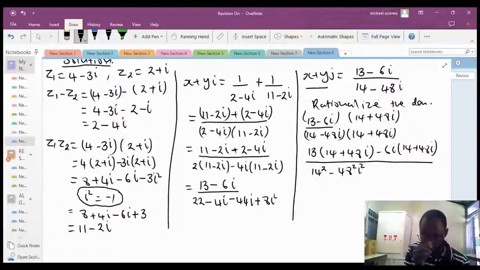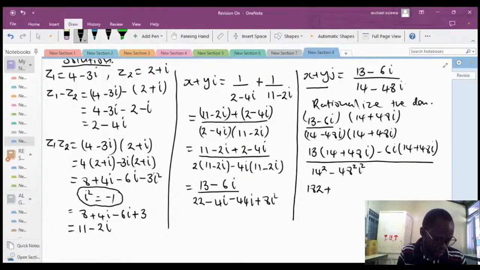So let us open up this bracket. 13 times 14 we get 182. 13 times minus 40i, minus 520i, then minus 6i times 14, 6 times 14, so we get minus 84i.